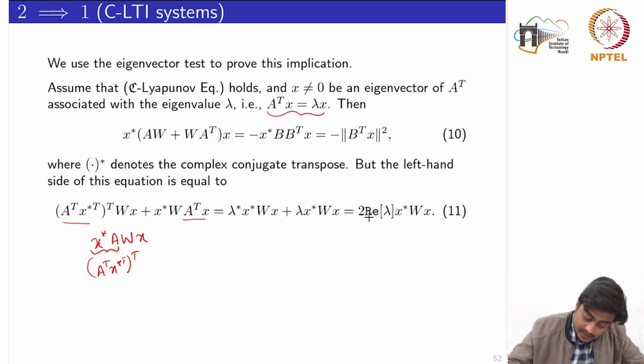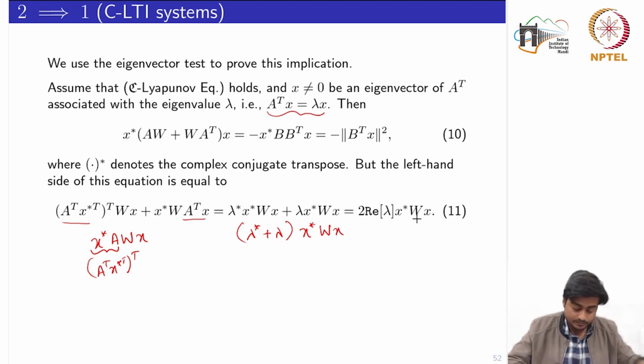Since lambda is a scalar, I could write this as lambda star plus lambda times this quadratic form, and this is nothing but twice the real part of that eigenvalue. If the eigenvalue is already real, then it stays as it is, otherwise the imaginary part would go away. So finally I would have twice the real part of that eigenvalue times that quadratic form.